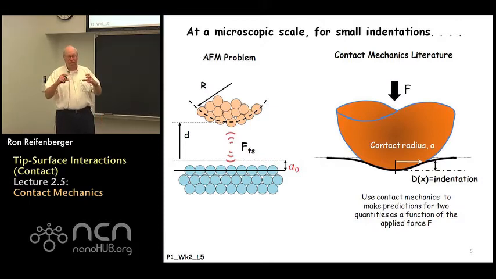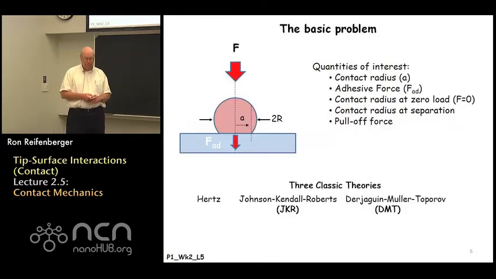And in this lecture, the indentation is going to be represented by the parameter capital D, right? So we want to develop some simple models to predict these two quantities when you take a smooth sphere and push it into a flat substrate with a force F.